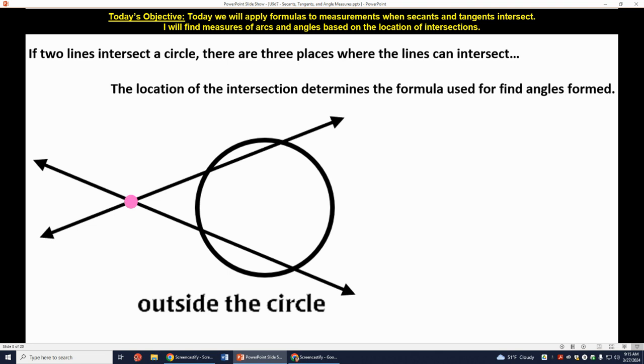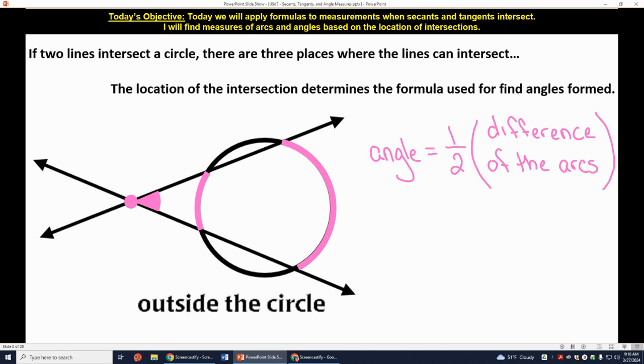Notice I don't have tangents, so I don't know anything about the lengths of the segments, but my angle is clearly outside. If I leave that angle, I'm going to first intercept this smaller arc, and then if I keep going, I'm going to intercept a second larger arc as the angle gets wider. I need to use both of those arcs to find my angle.